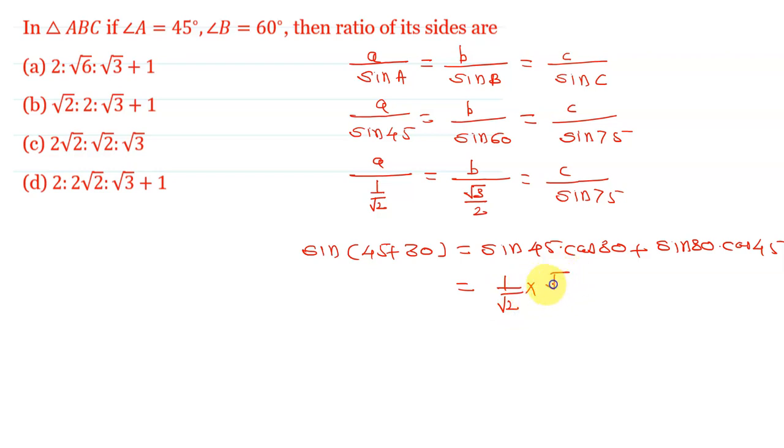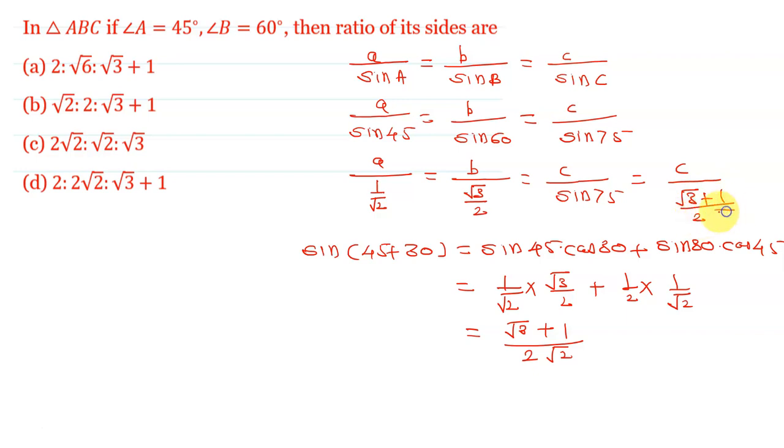Cos 30 is root 3 upon 2. Next, sine 30 is 1 upon 2. Cos of 45 is 1 upon root 2. And overall, you will have here root 3 plus 1, divided by 2. Substitute the value here, that is c upon root 3 plus 1 upon 2.